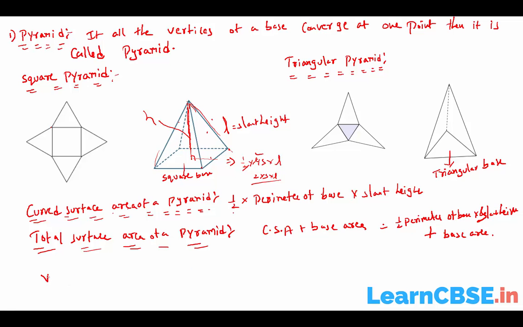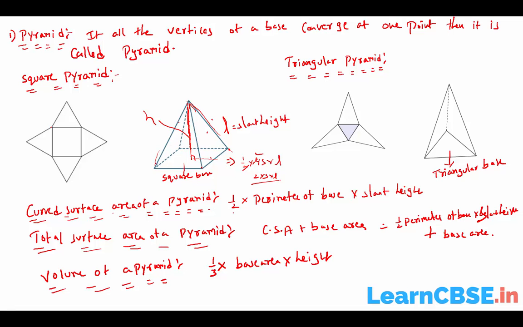Now the volume of a pyramid. So generally volume of a pyramid is 1/3 into base area into height.